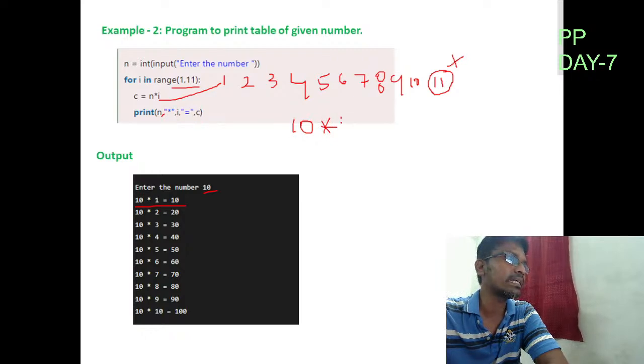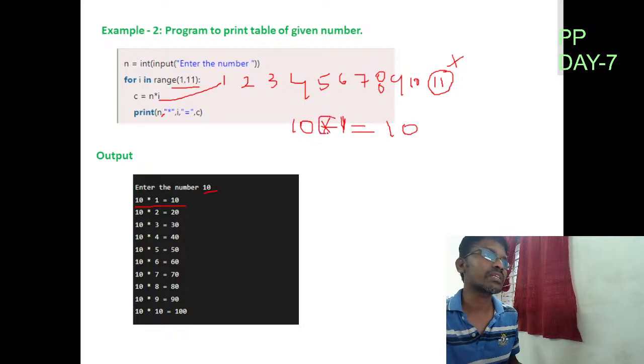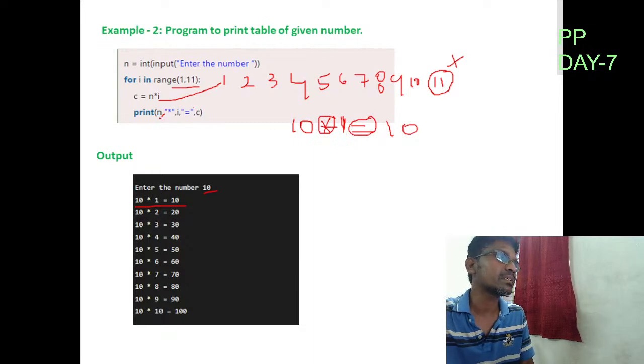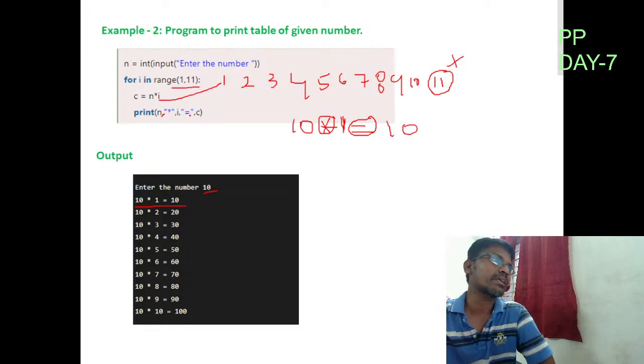What is i here? 1, comma, then "is equal to" in double quotes, followed by c. What is c here? I got 10. So 10 into 1 is equal to 10. For writing the star and the equal sign, I write them in double quotes.